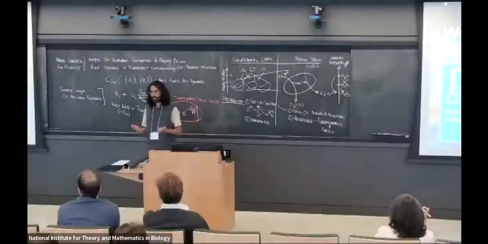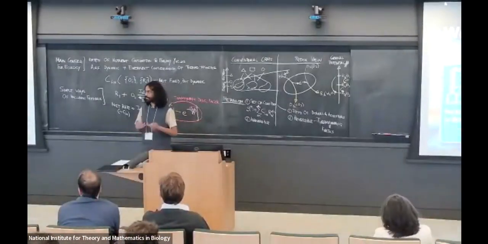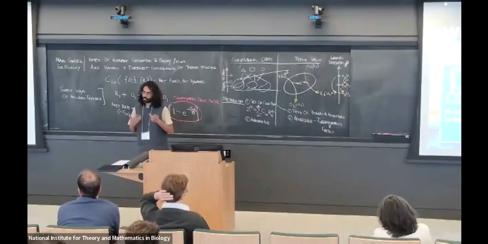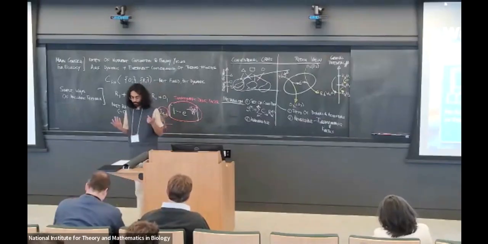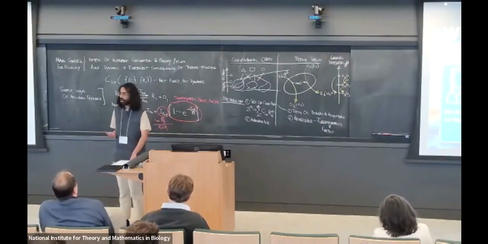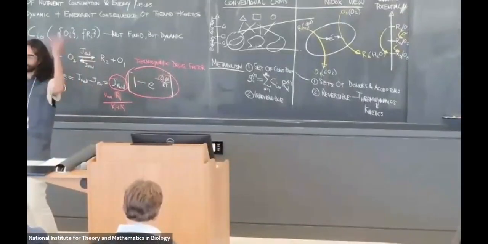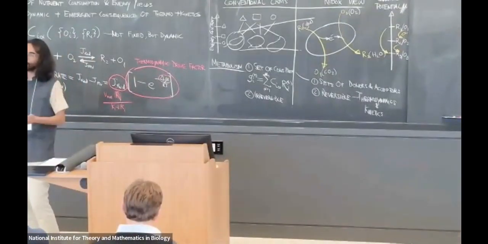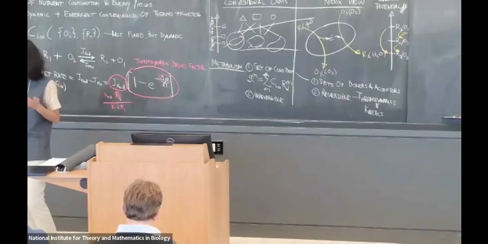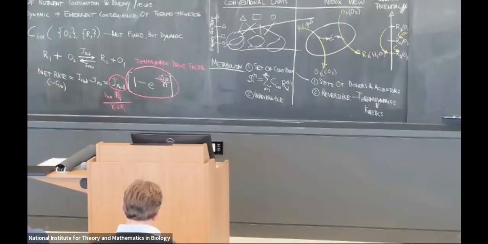Now, you might say there are many reasons why it doesn't exist. And indeed, there might be many cases in which it might be sensible for it to not exist. For instance, you can imagine what are called open ecosystems. There are cases in which nutrients are constantly flowing in and constantly flowing out so that you're never really accumulating these kinds of products. That would be well and fine.